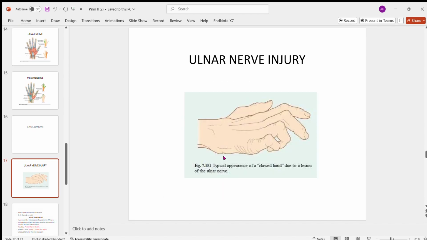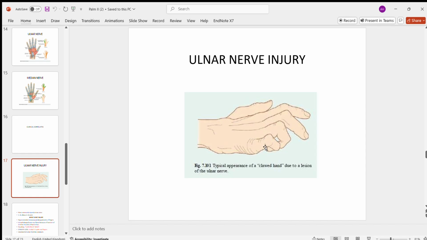Now, if the ulnar nerve is damaged, it causes ulnar claw hand. The lumbricals have a function: they cause flexion at the metacarpophalangeal joints and extension at the interphalangeal joints. When the third and fourth lumbricals are not functioning properly due to damage to the ulnar nerve, the fourth and fifth digits, which are at the level of the third and fourth lumbricals supplied by the ulnar nerve, do not get the action that normally happens here.